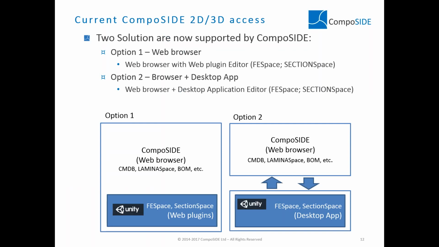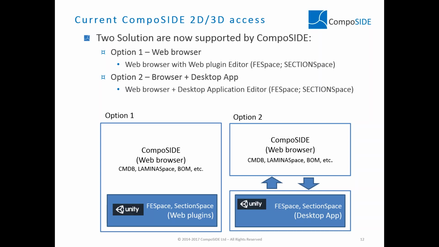So today, basically, what does that mean for you as a user? It means that you can have 2D and 3D access through two different options, which deliver you the same functionalities. One is the option you know well with a web browser, where you've got access through the plugin to FE space and section space.